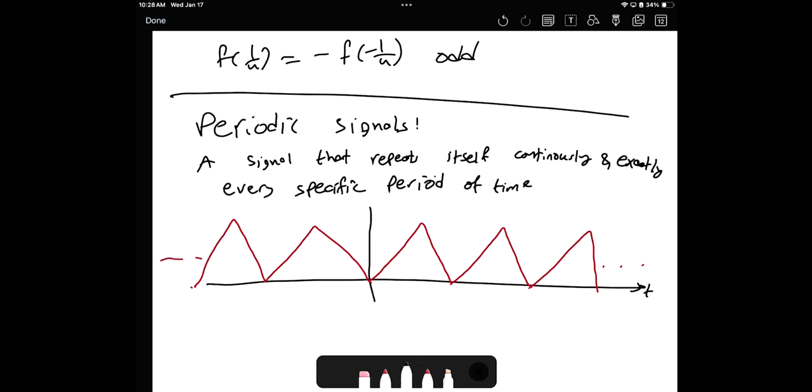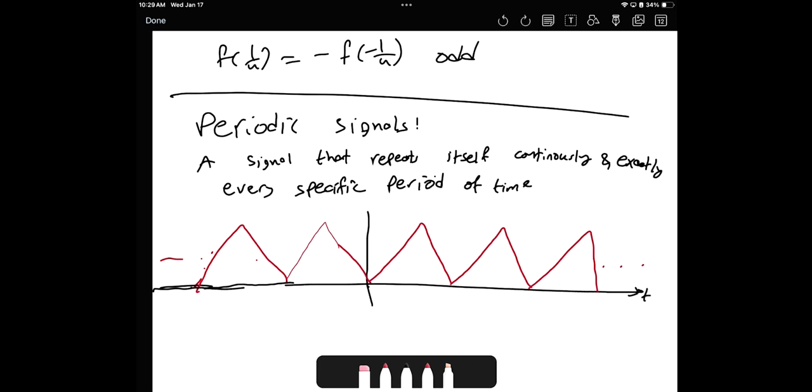So a periodic signal is a special type of signal that repeats itself every specific period of time, and basically you can look at the startup, the beginning, of each signal.